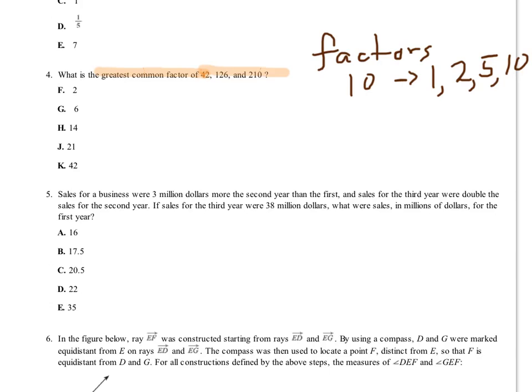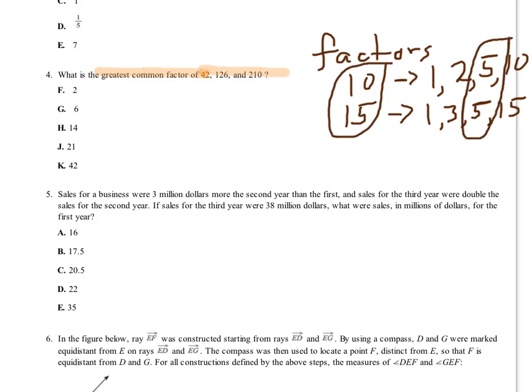So if I take the numbers 10 and 15, where 15 has the factors 1, 3, 5, and 15, the greatest common factor for 10 and 15 would be 5, meaning it's the largest number that will multiply into both 10 and 15. Hopefully that is a little recap.